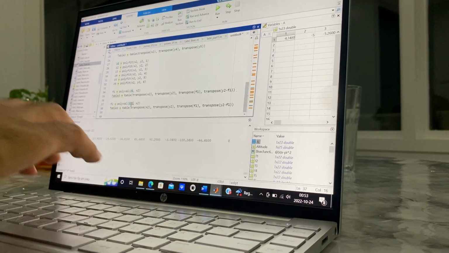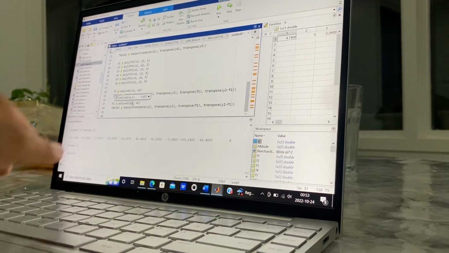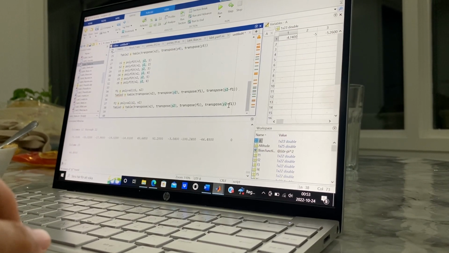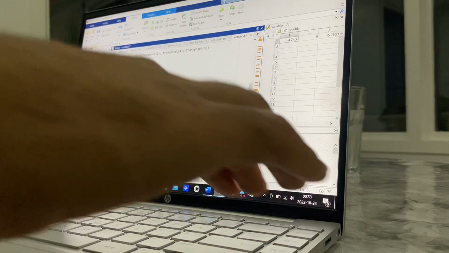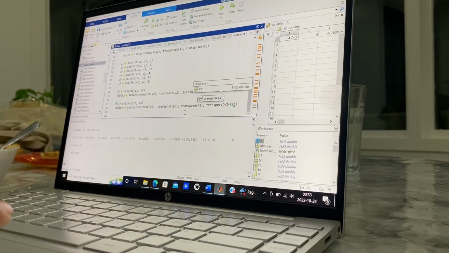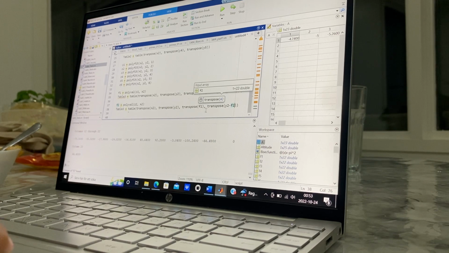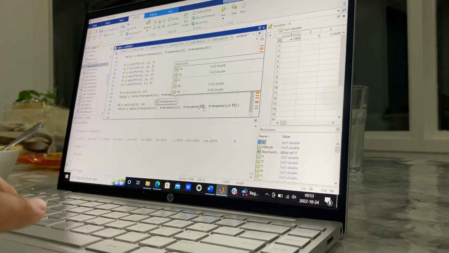This will be the z2, and this will be the f2, and here also the f2.